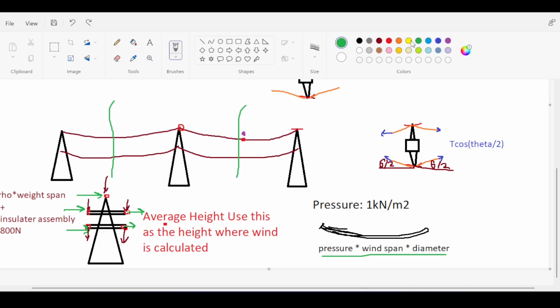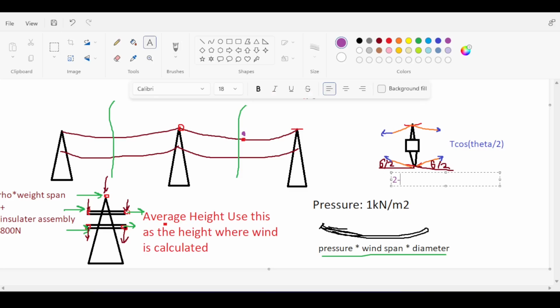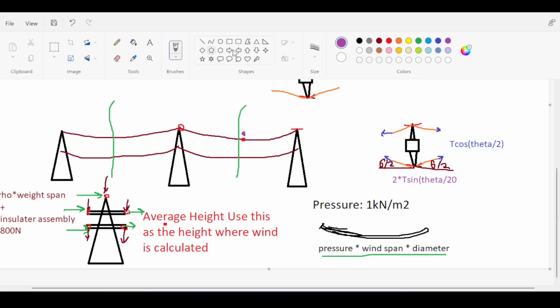However, in the y direction, you have net forces because suddenly you have here two forces, which are going to be like 2 multiplied by T sine theta over 2 from that side, which is going to be an upward force in this case, but of course in reality it's an inward force going inside of the tower.